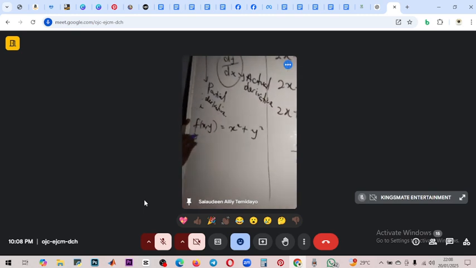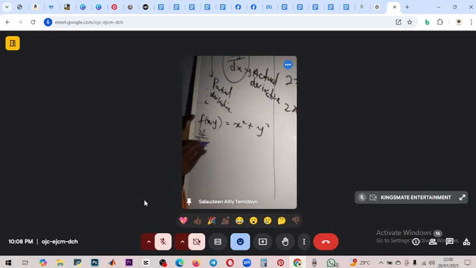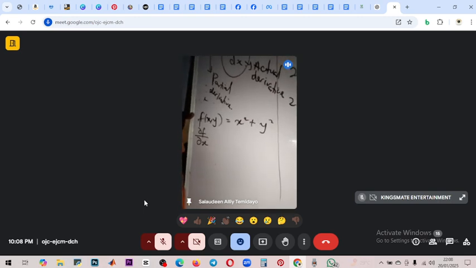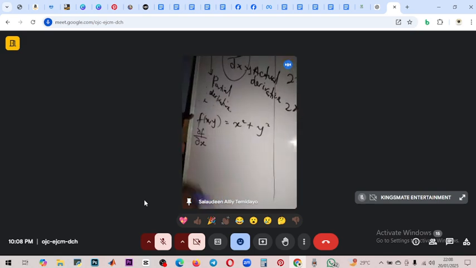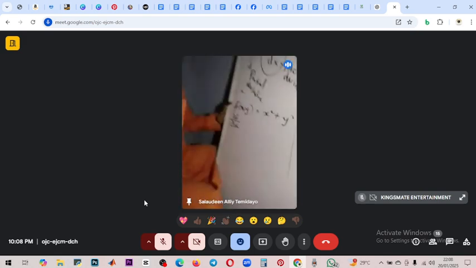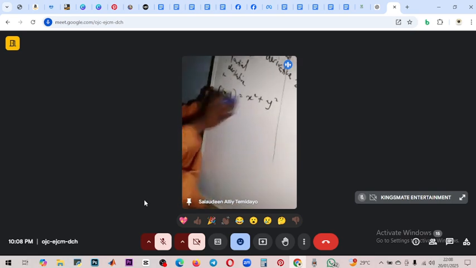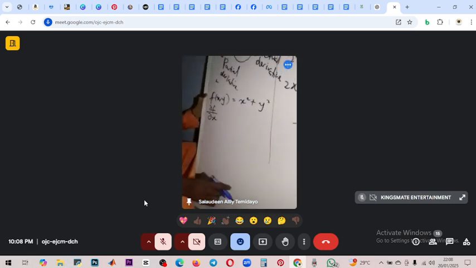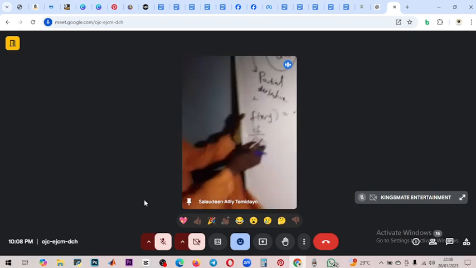So what is the ∂f/∂x, the partial derivative of f with respect to x? That means you will forget the fact that y squared is a variable. You treat it as a constant straight away. This one is not implicit differentiation again. You treat it as a constant parameter. It's not like you come and differentiate it later. No. Treat it as a constant.